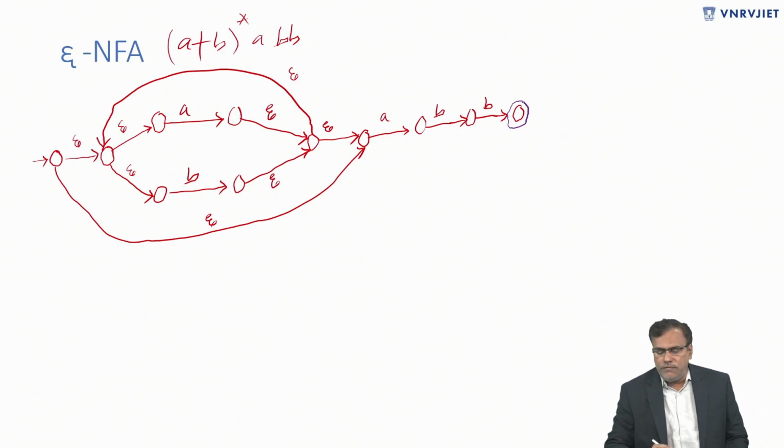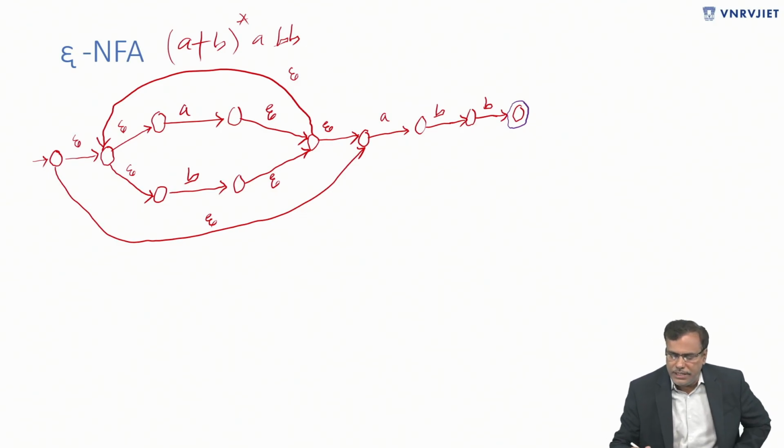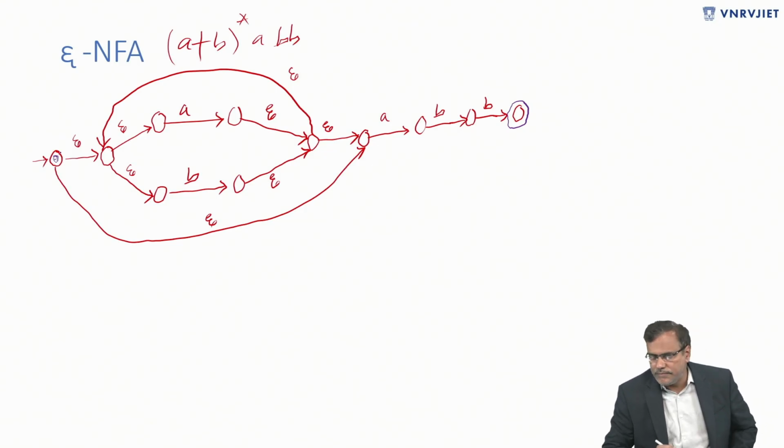Now for all the states, you can give some numbering. This is state 0. This is not a final state, don't get confused.